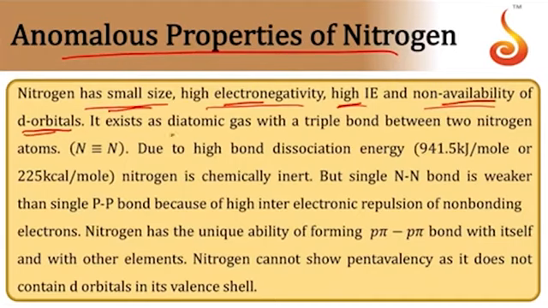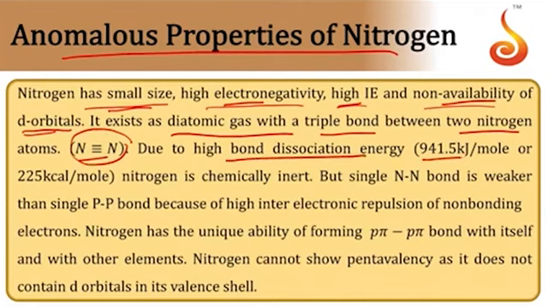Nitrogen exists as a diatomic gas with a triple bond between two nitrogen atoms. Because of its small size, nitrogen can form p-pi multiple bonds, and therefore it can form an N triple bond. Due to high bond dissociation energy, it is highly stable and chemically inert. The triple bond has more energy, and therefore it is chemically inert.